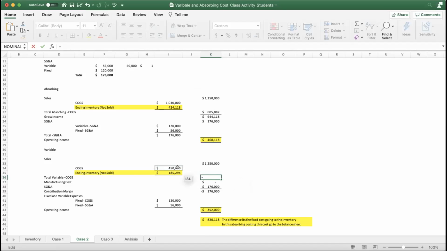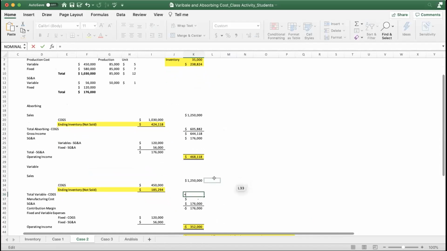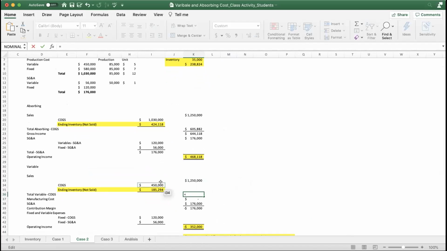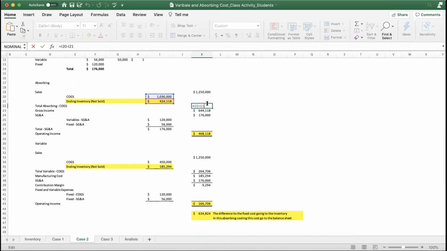So what do you do with those two numbers, the 450,000 and the 185,000? Just subtract? You subtract them, exactly. Who said that? Me, Renata. Nice, Renata. You're really smart. Okay, you subtract them because you are only going to report what you sold. That's the reason.